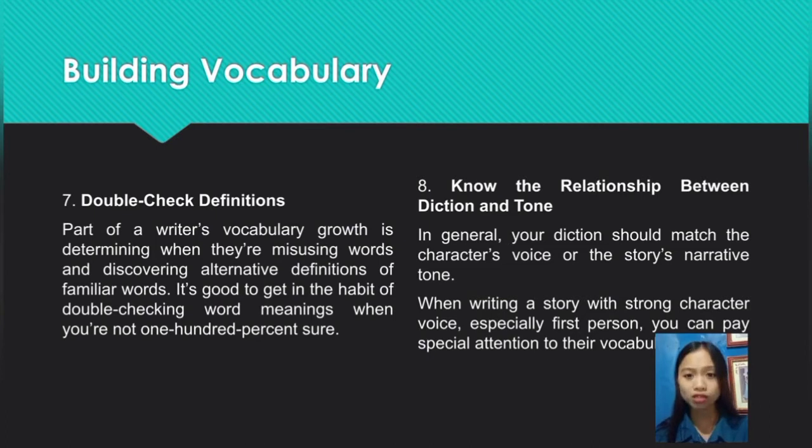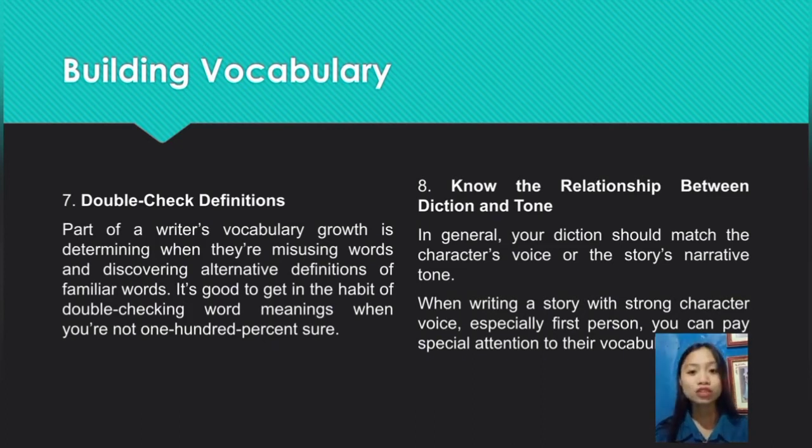So my word choice errors often come from me assuming I know the meaning of a word because of how it sounds. Diba? Sometimes we say that you know the word because of its sound. Many times I'll catch myself saying or writing a word that feels right but that I'm not sure I could define. So that's when I know I need to look it up just to be sure. Okay? So be wary and check the dictionary.